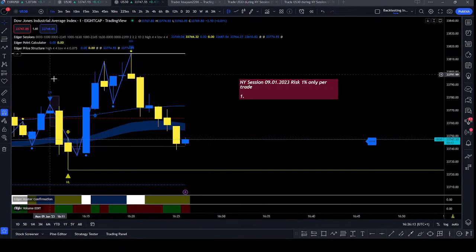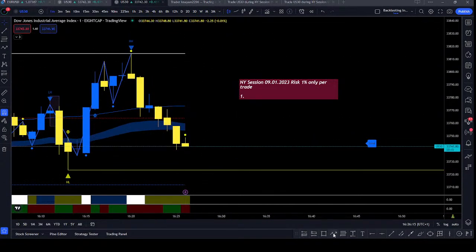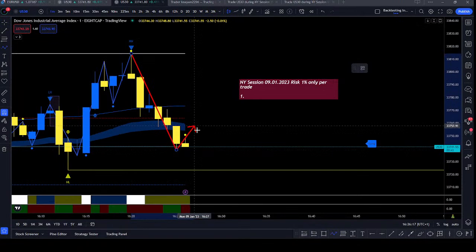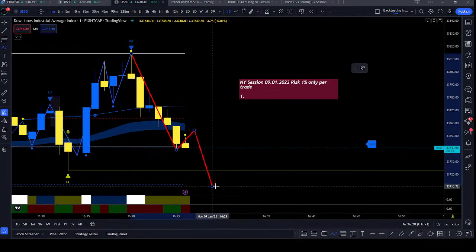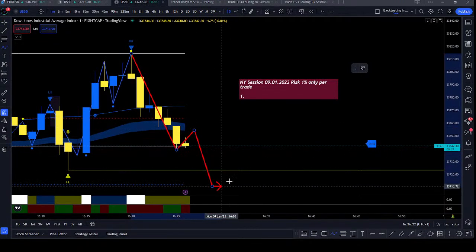Now the structure has shifted again to the bullish side, bearish side. This is what I'm looking for.